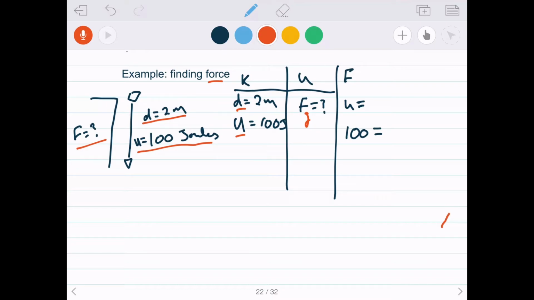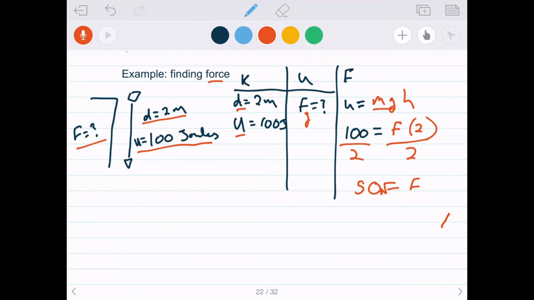We're looking for force, so U equals mgh. We know mg is the force, so we could put the force here. What's the height? The height is 2 meters. Divide that by 2, and we get F equals 50 newtons. So we know our box weighed 50 newtons.